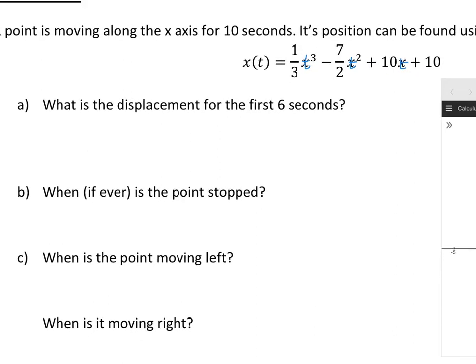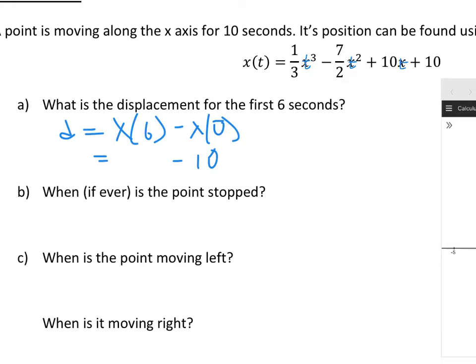Displacement is how far it's moved, so we can say our displacement is x of 6 minus x of 0. Where is it at these different times? At x of 0, that one's easy to find. Plug in 0, 0, 0. All this wipes out, and we're left with 10.